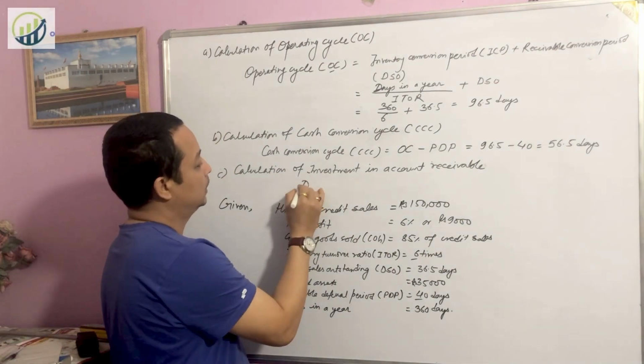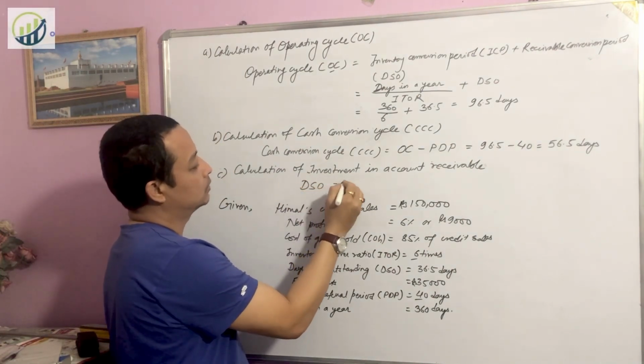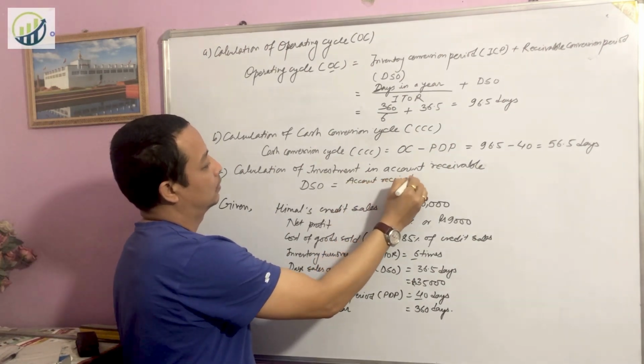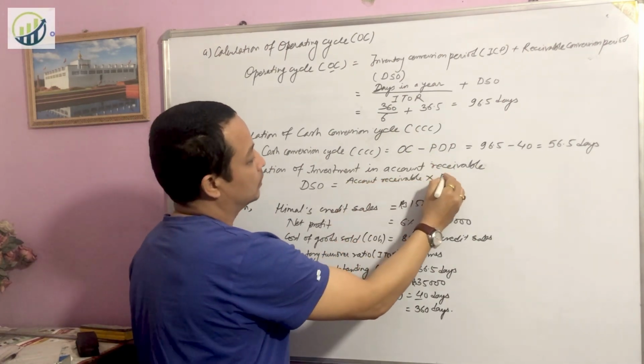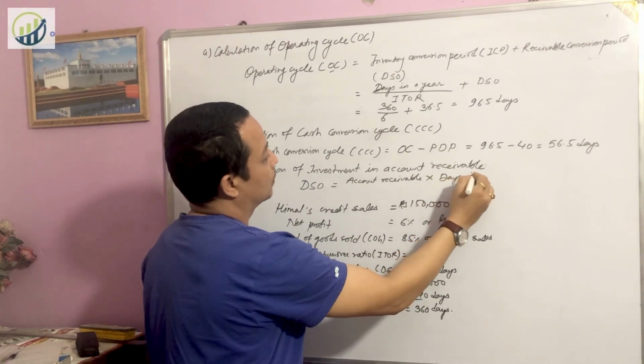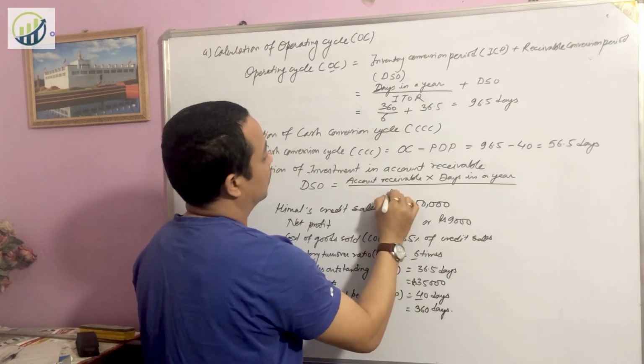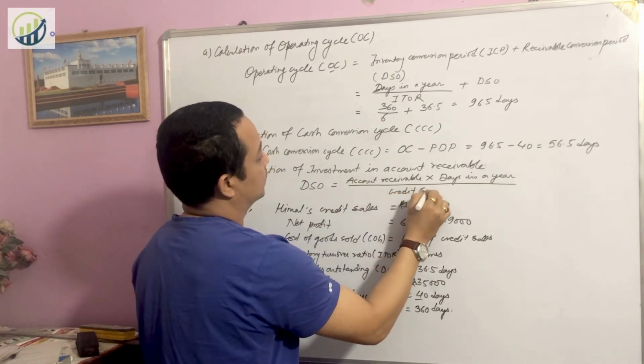DSO equals account receivable into days in a year upon credit sales.